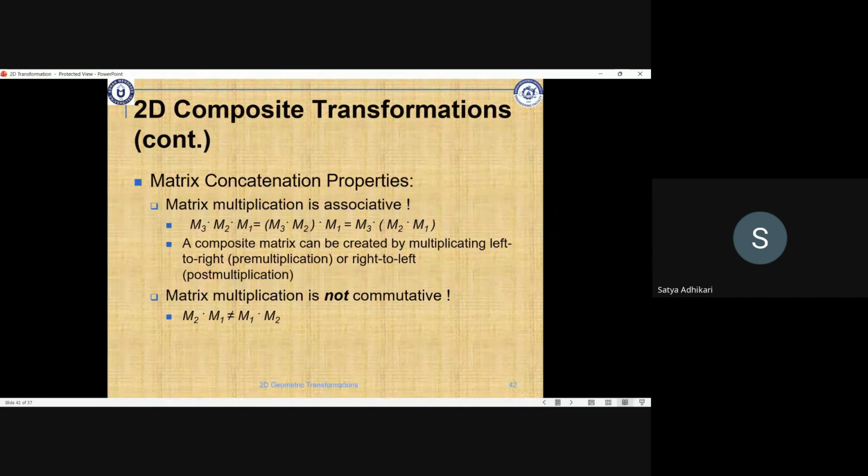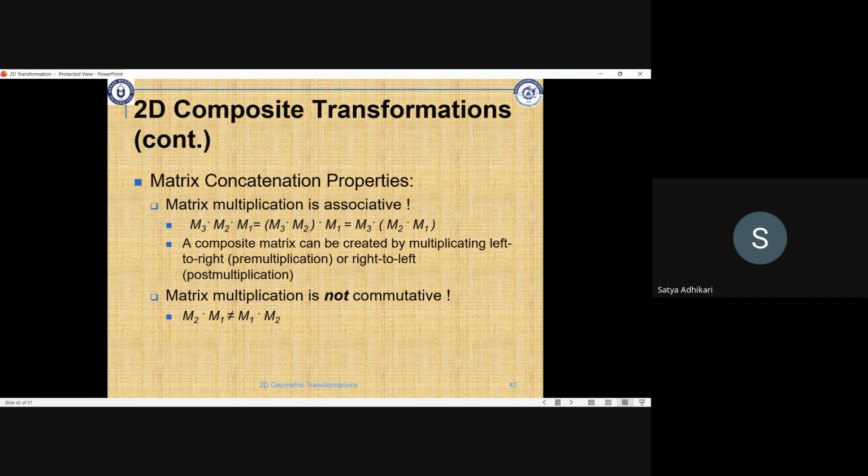Suppose A and B are two matrices, and A and B can be multiplied, but if we multiply BA, it may not be possible. And even if it is possible, you may not get the same result. That is why matrix multiplication is not commutative. That is, M2 into M1 is not equal to M1 into M2. But matrix multiplication is associative.